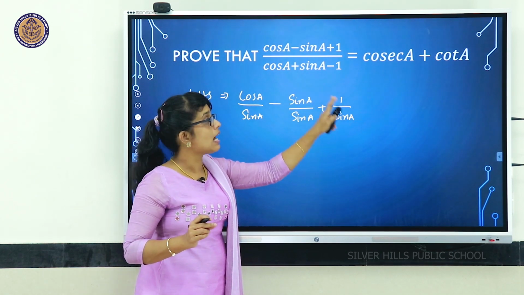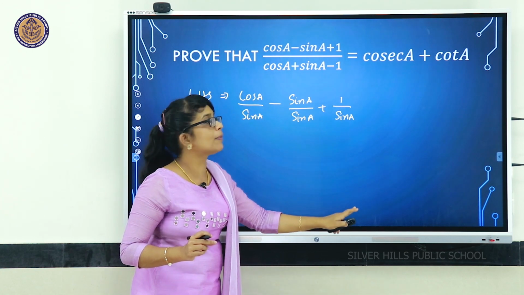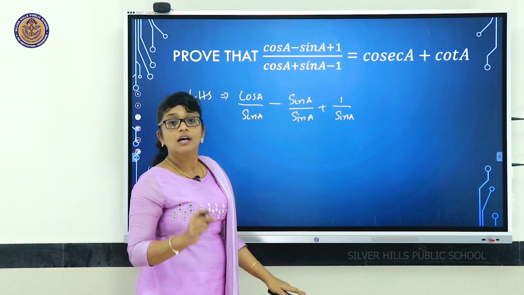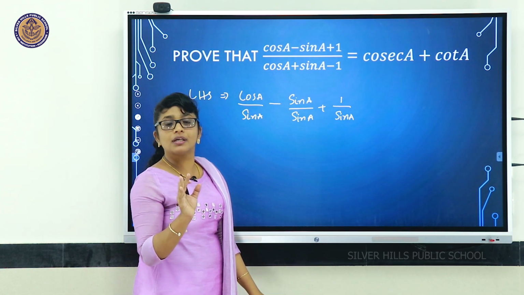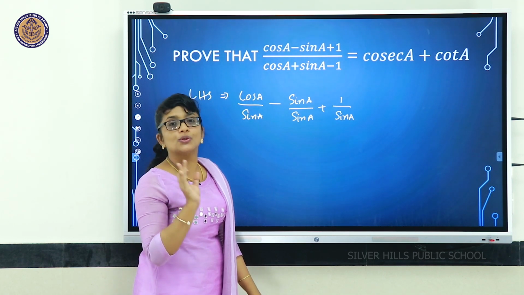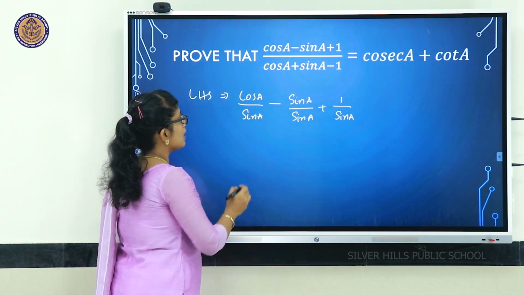Why? Because at the end of this problem, we have to get cosec A plus cot A. LHS equal to RHS.